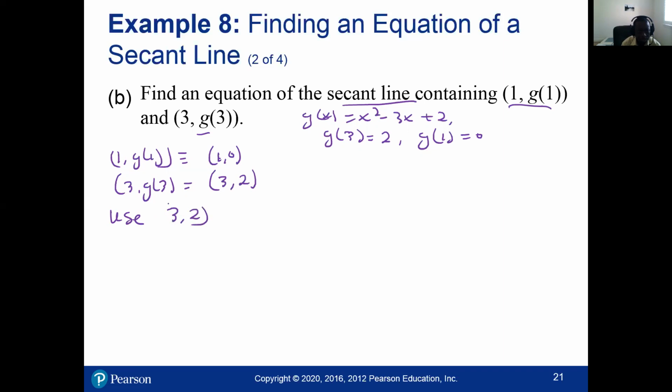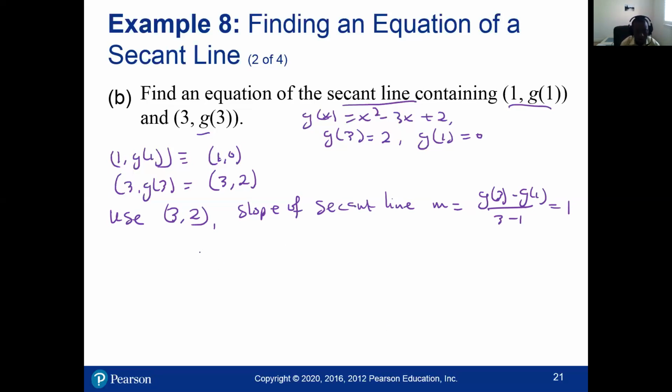And then the slope of this secant line, m, is actually what we just got, which is g of 3 minus g of 1 over 3 minus 1. We got 1.